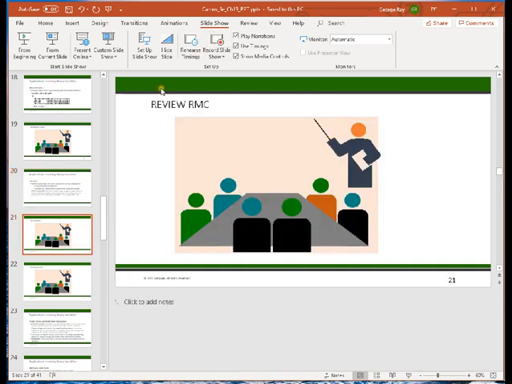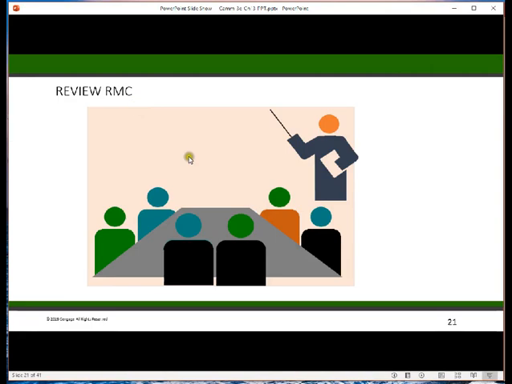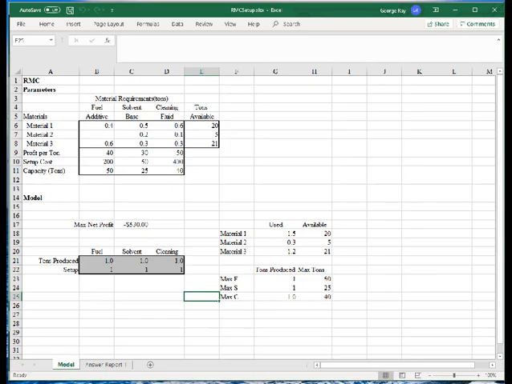So let's take a look at this in action in the RMC example. So here's the spreadsheet for RMC, and we'll go over the case history. The production problem faced by RMC is they have 3 raw materials that are used to produce 3 products: a fuel additive, a solvent base, and a carpet cleaning fluid.